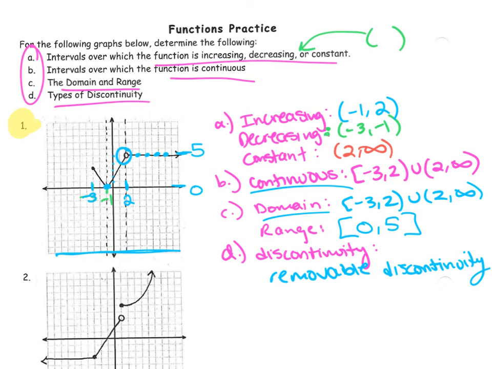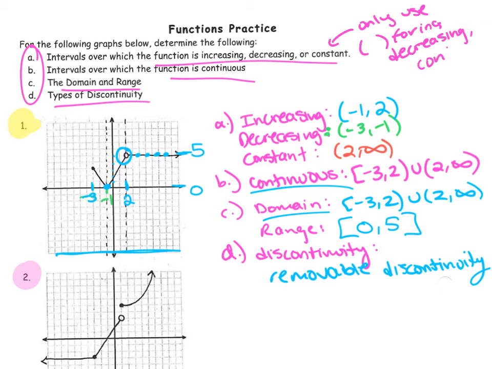All right, you guys are going to try question 2, again, following the same format here. And again, I do just want to reiterate up here on the top. I'm just stressing this again, we only use parentheses for increasing, decreasing, constants of functions.